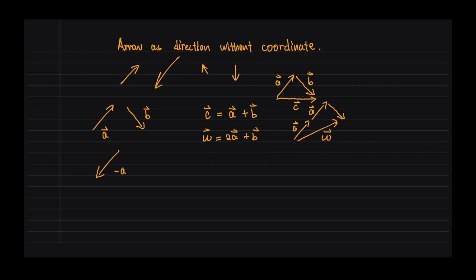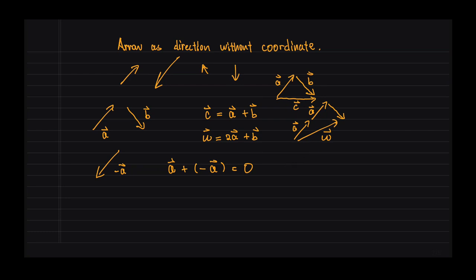Let's call it minus A. Then we have the A arrow plus the minus A arrow equal to 0, because when they add together, they just cancel out. You can try it like this, then going back, and they just cancel out.